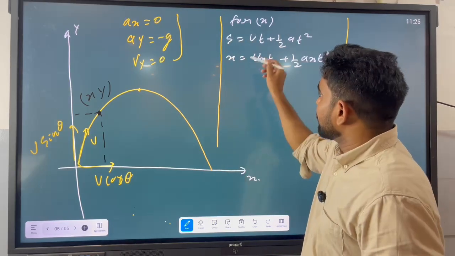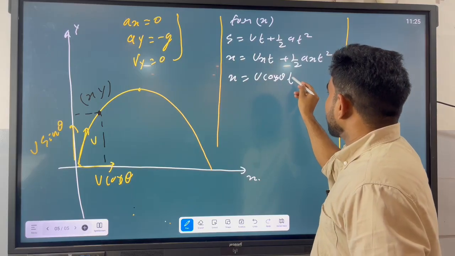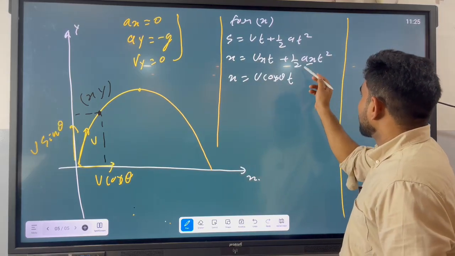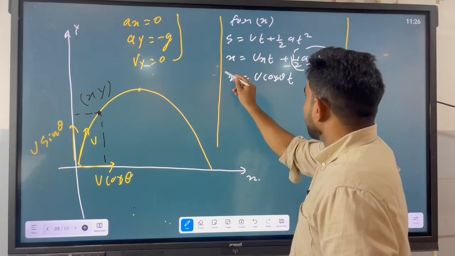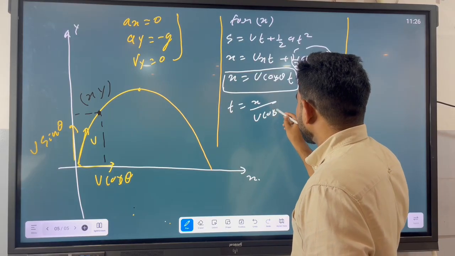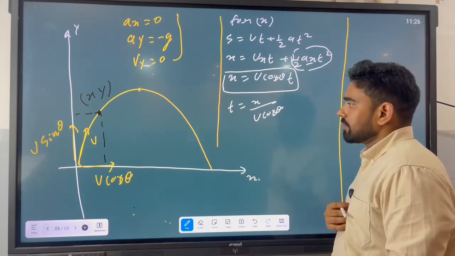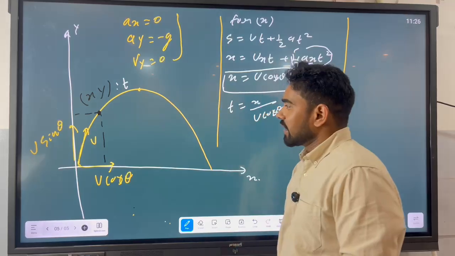Using the parameters here, u_x equals u cos theta and a_x equals 0, so this term becomes 0, and the coordinate x equals u cos theta multiplied by t, meaning t equals x divided by u cos theta. This is the value of time at this moment, right.